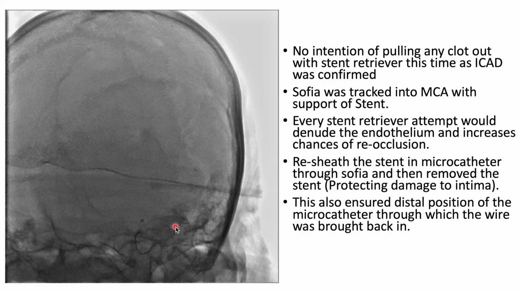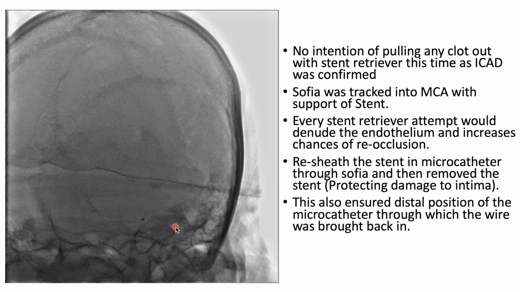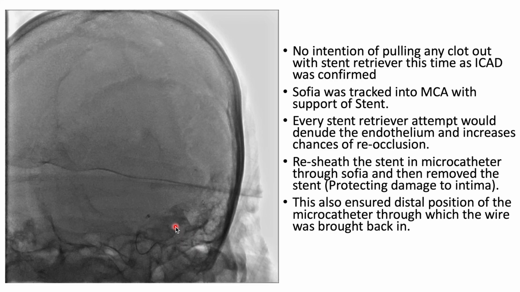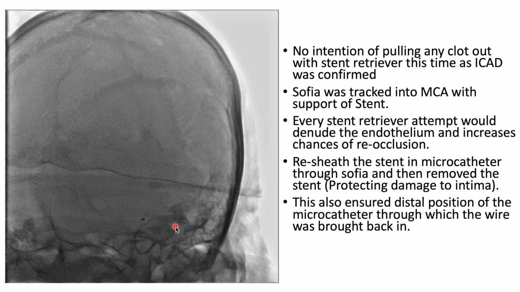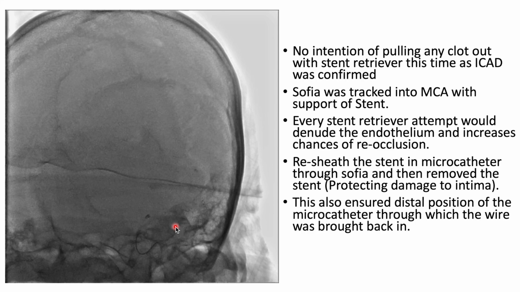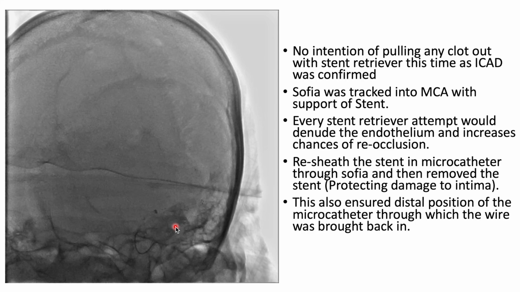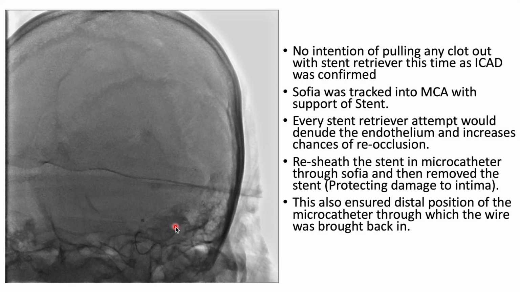And once it reached the MCA, the intention was never to use the stent as a stent retriever, because every time I use the stent, it's going to denude the endothelium from the artery, and it's going to be more prothrombotic. So then once the Sophia was there, I brought my microcatheter in, and I sheathed the microcatheter over the stent, and I removed the stent out of the microcatheter, keeping the microcatheter across the lesion.